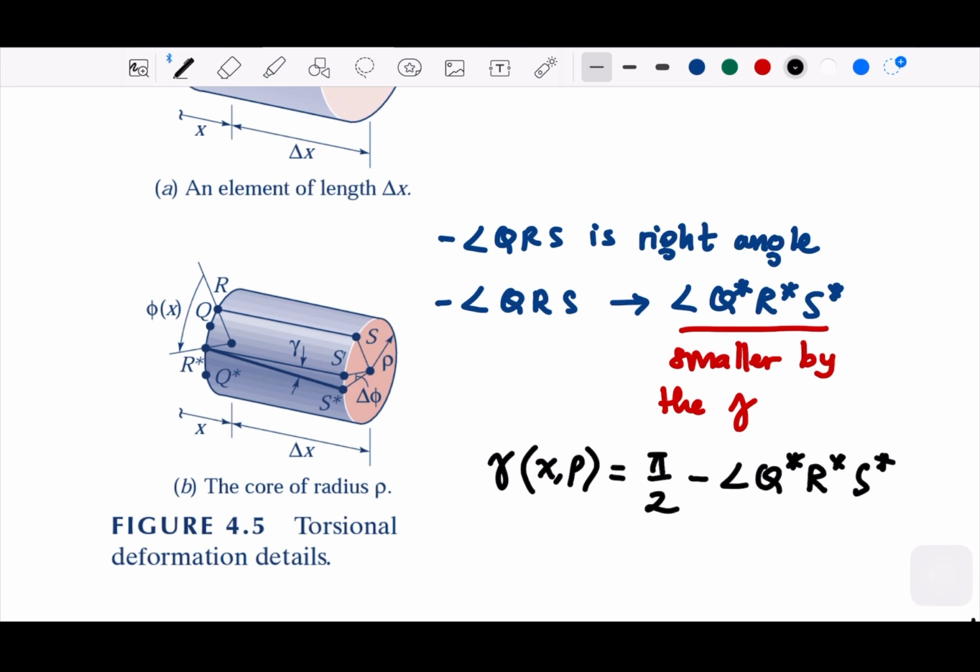And this will be equal to the angle of S prime, R, S asterisk. Practically, that is the shear strain that is going to be observed.